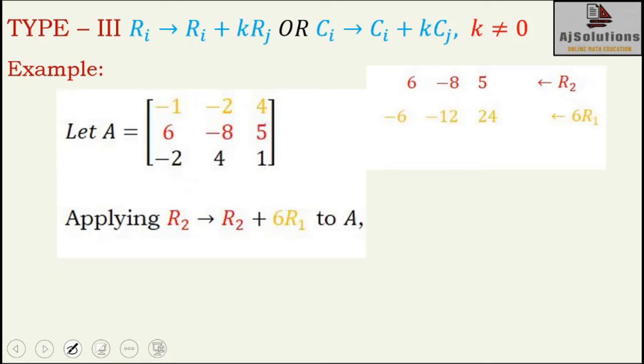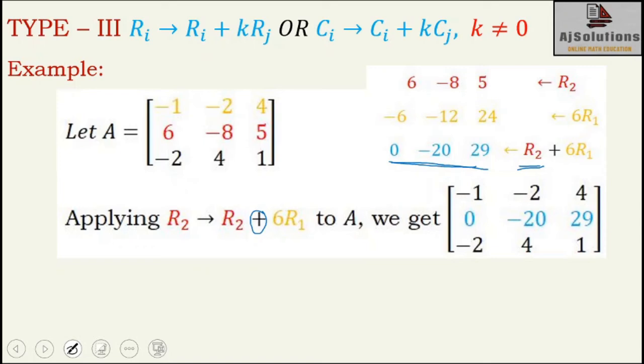So if I do that, I will get this, and there is a plus in between, so I am going to add them. So if I add them, I get this. So this is going to be your new R2, because R2 is going to be replaced by R2 plus 6 times R1. So we get this matrix. You can see R1 and R3 are as it is, and R2 is replaced by R2 plus 6 times R1.